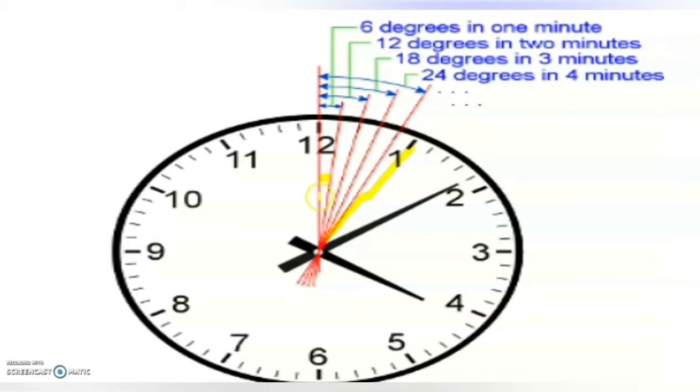Then what is the angle between this hand and this? That is this angle. Now, how do I find that? So here, the total angle around this point is 360 degrees.